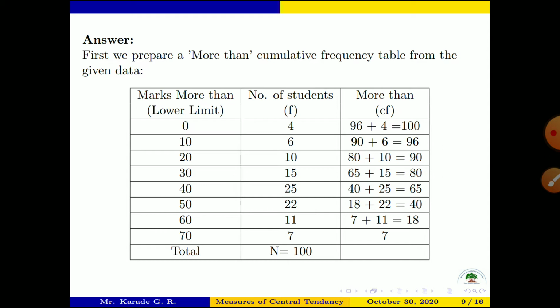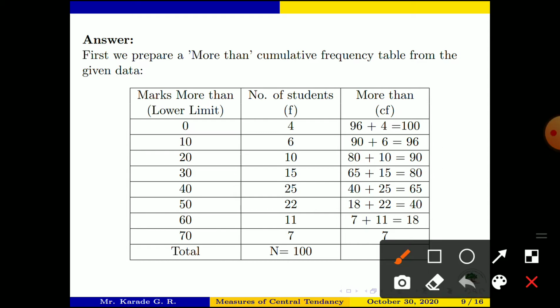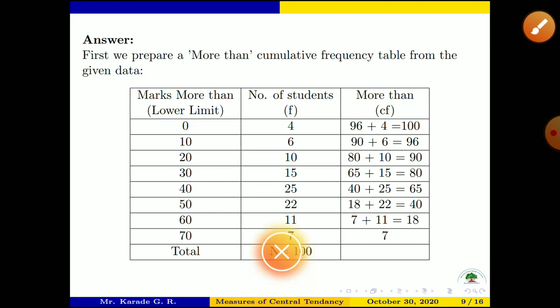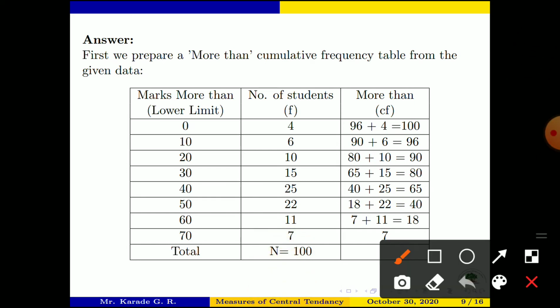But for the third column, we start from the last entry, meaning the entry 7. So this is our entry. We start from this entry.